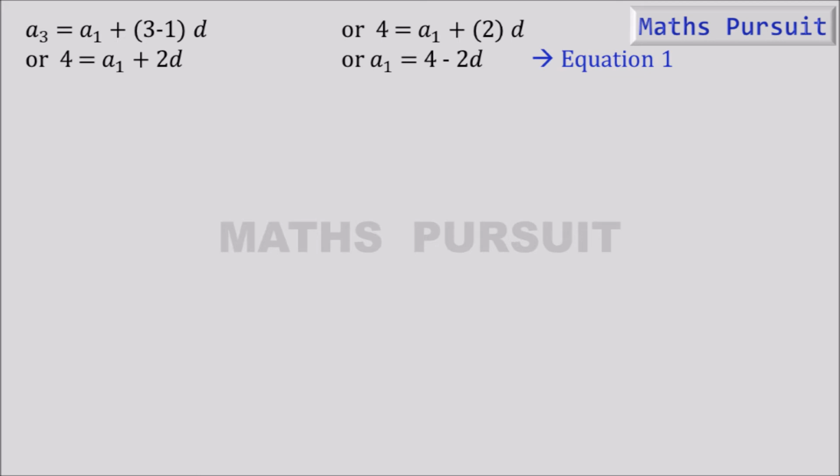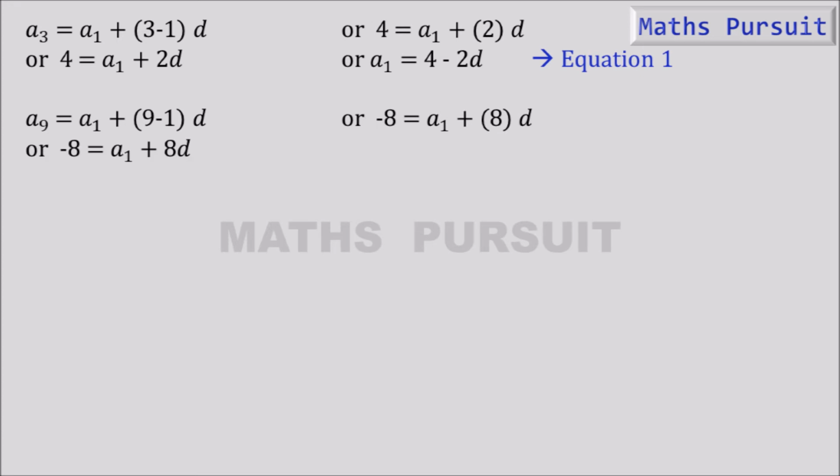Similarly, moving to the other part, we have all the details for A9. So putting A9 is equal to A1 plus 9 minus 1 into D, we got minus 8 is equal to A1 plus 8D, or A1 is equal to minus 8 minus 8D. Let us name this one as equation 2.